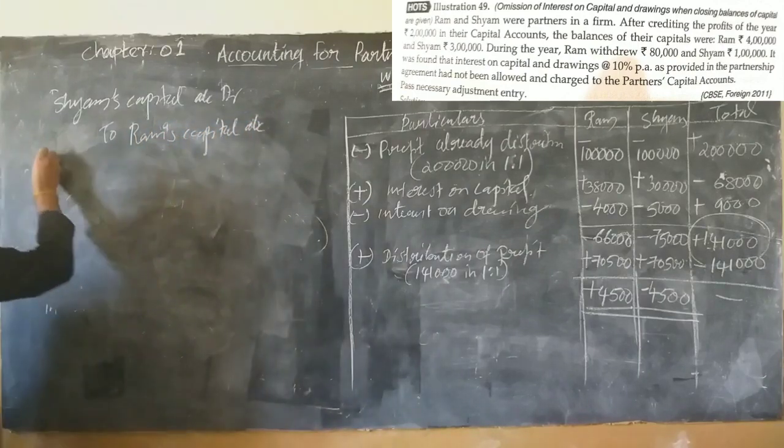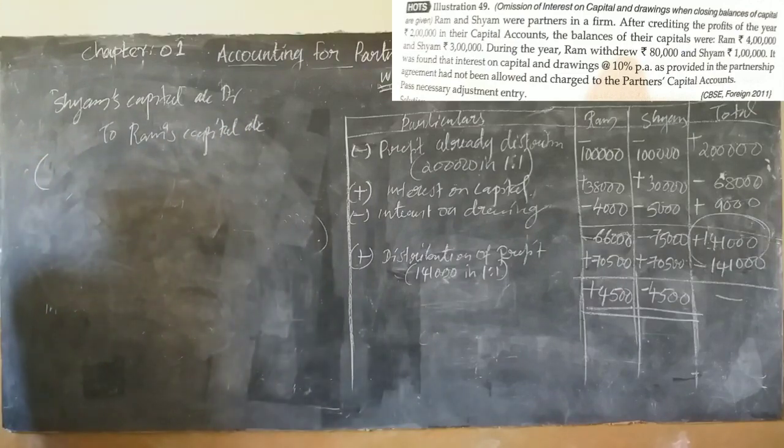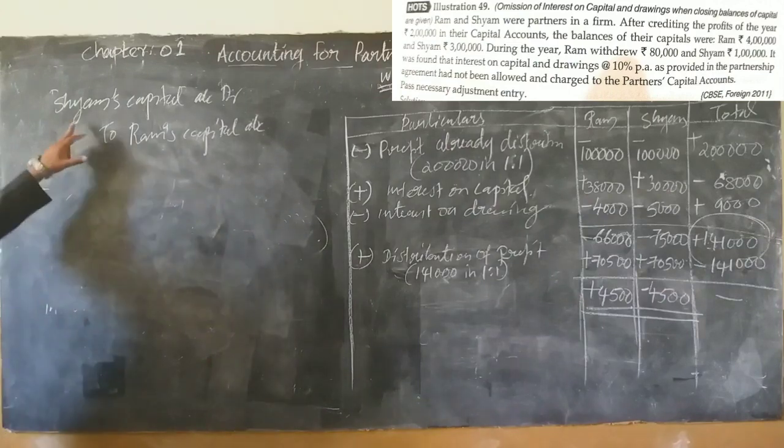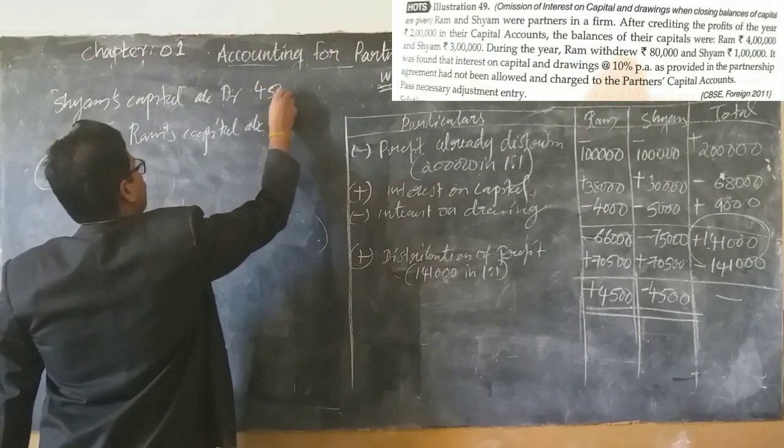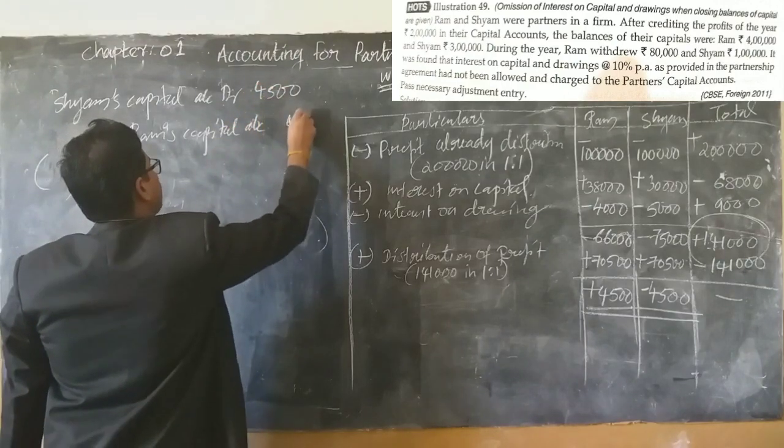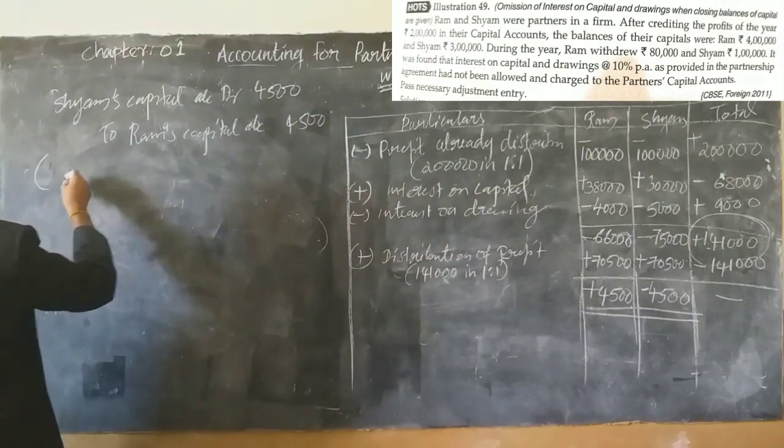What will be the narration? Being interest on capital not provided and interest on drawing not charged, now rectified and corrected. Yes or no? So here from Shyam's capital account 4,500 will be given to Ram's capital account. So what is the narration?